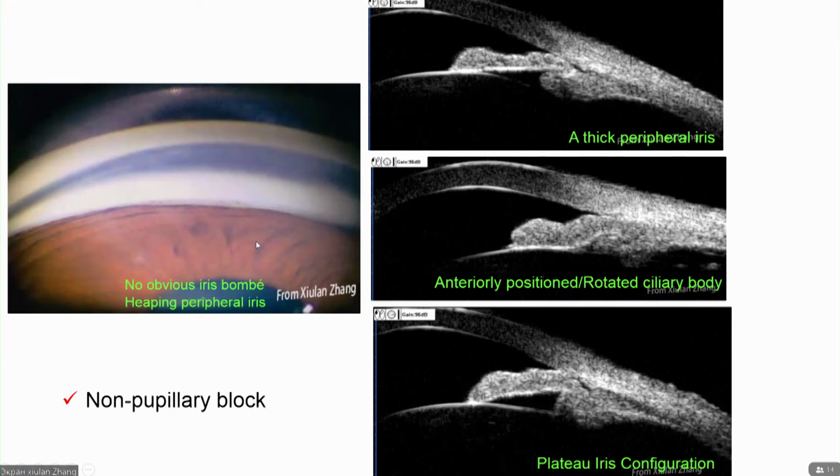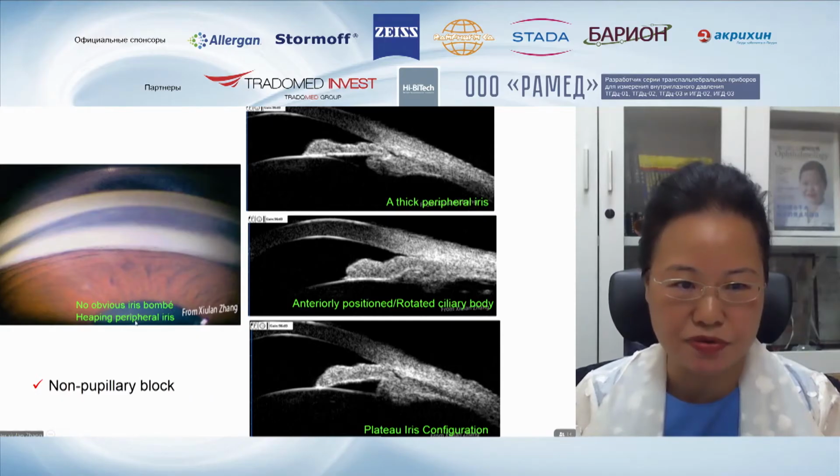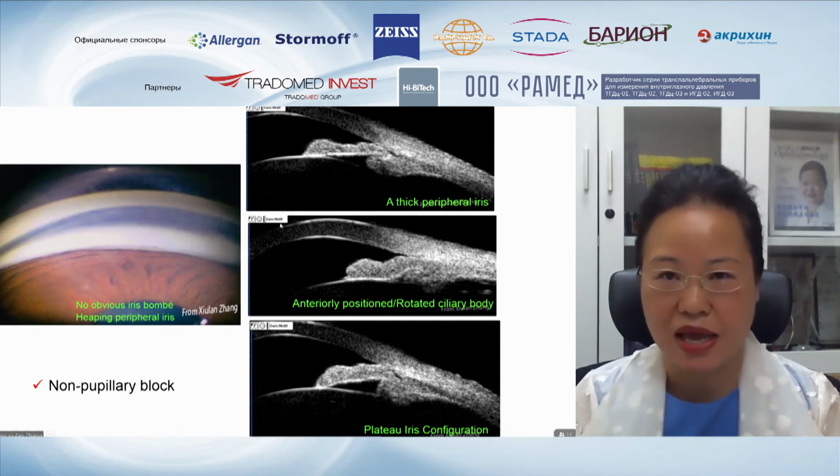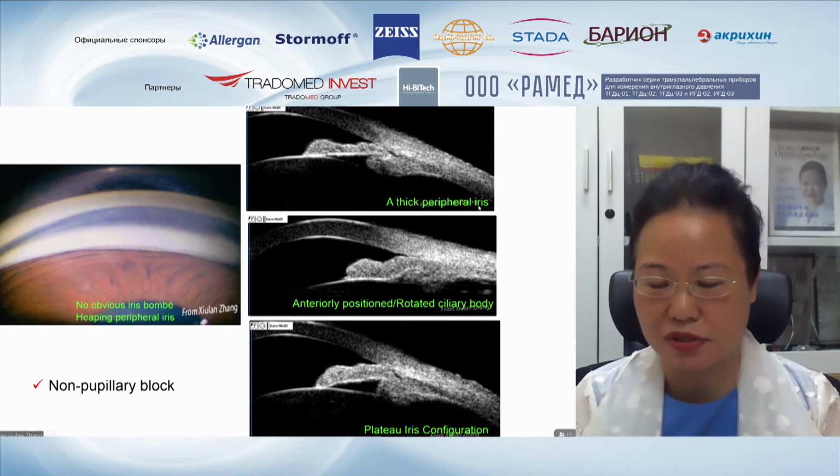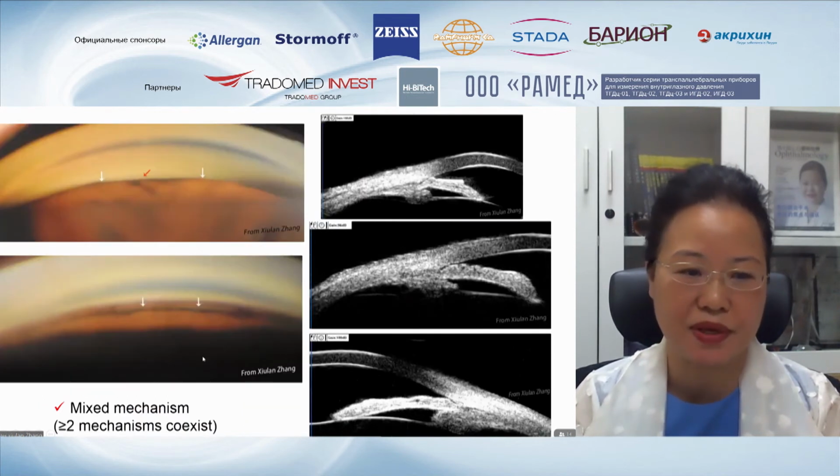Under gonioscopy, you can see iris bombé and peripheral iris heaping. Under UBM, you can see a thicker peripheral iris, or an anteriorly positioned or rotated ciliary body, or plateau iris configuration.